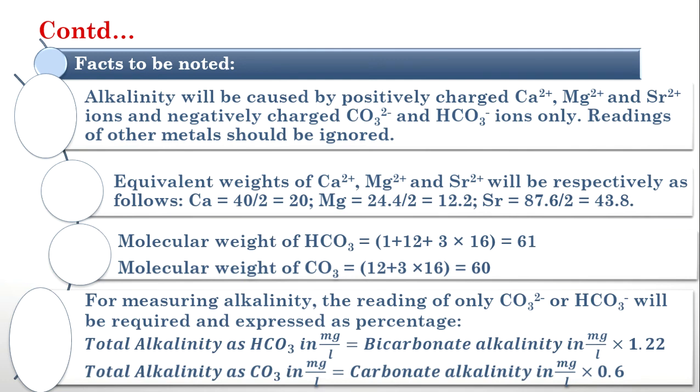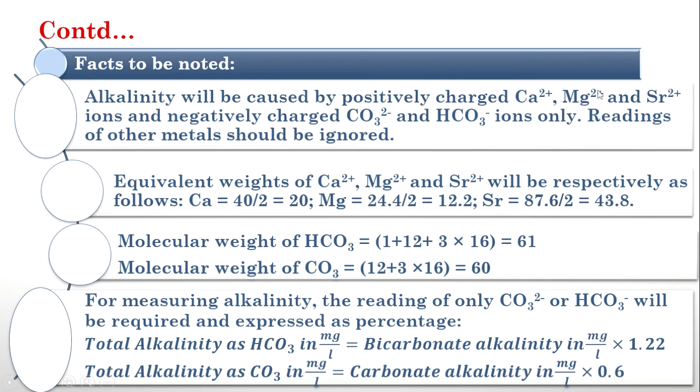Before finding hardness, we have to note certain points. First, when we analyze water, there may be different types of ions present in the water, but not all of them cause hardness. Only calcium, magnesium, strontium, carbonate and bicarbonate. These are the 5 ions which can cause hardness. Others will not.